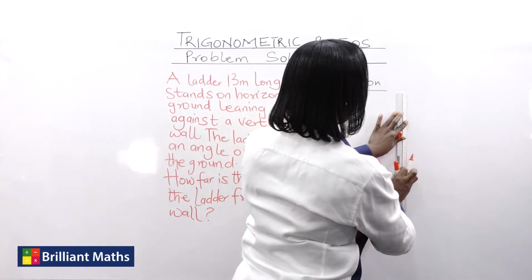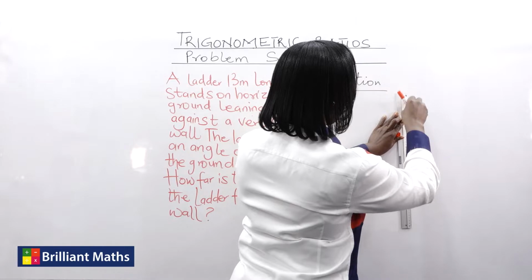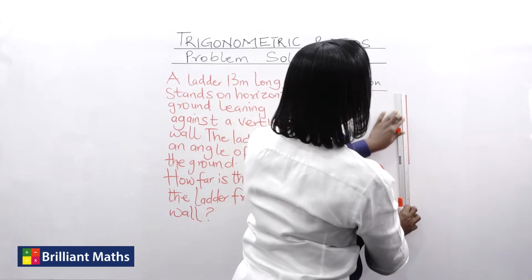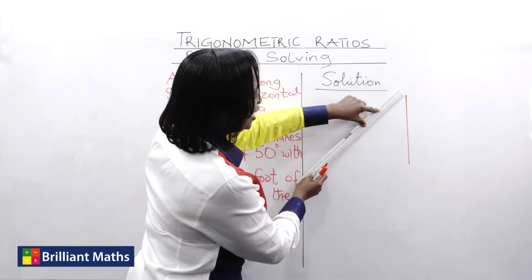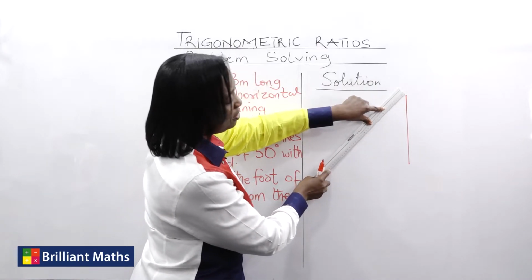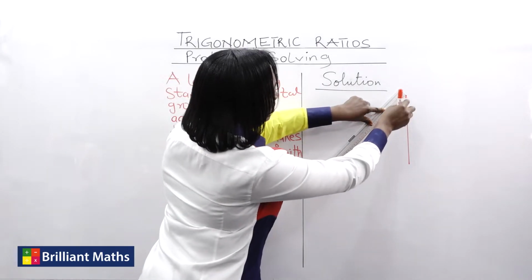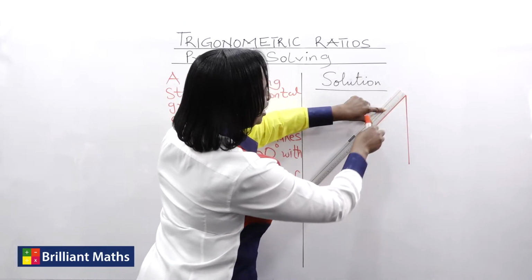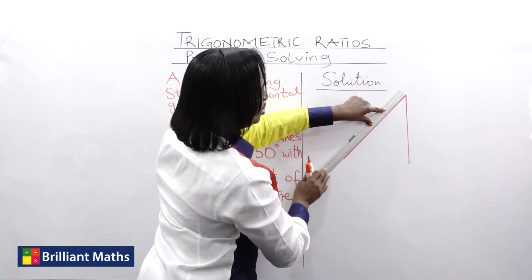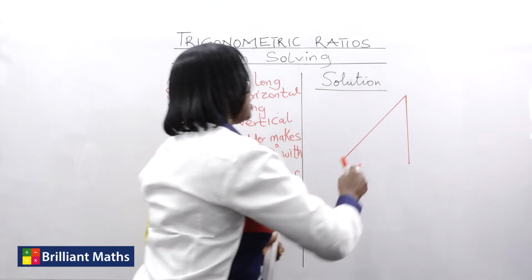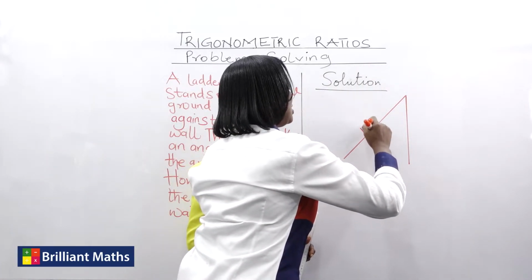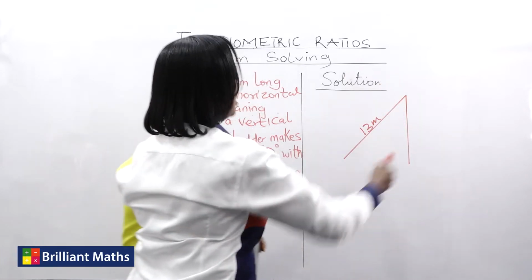So that's the vertical wall. And then we have a ladder leaning against the wall. So the ladder is 13 meters long. So that's our ladder there, it is 13 meters, and that's the wall.